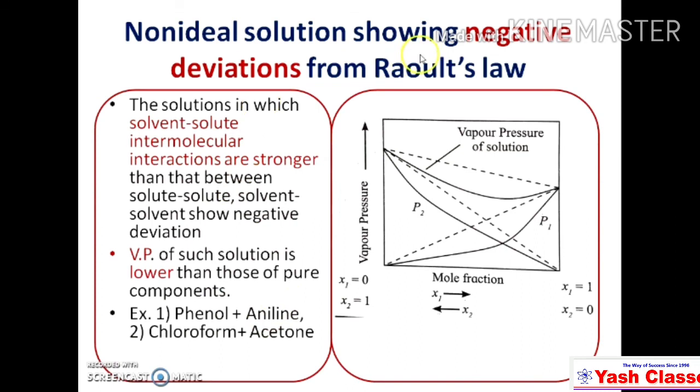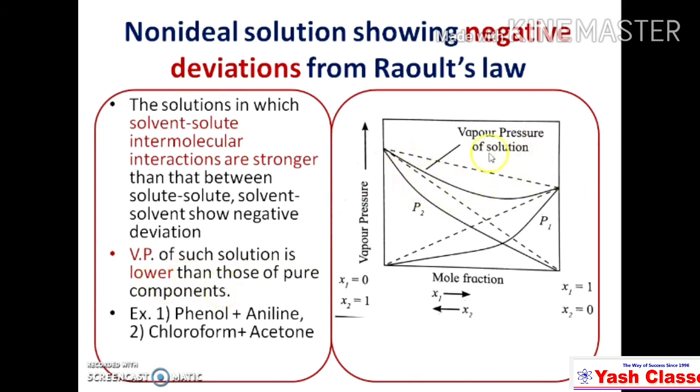Now, a non-ideal solution showing negative deviation from Raoult's law is one in which the solvent-solute intermolecular interactions are stronger than those between solute-solute and solvent-solvent. Such a solution shows negative deviation. The vapor pressure of such a solution is lower than that of the pure components.